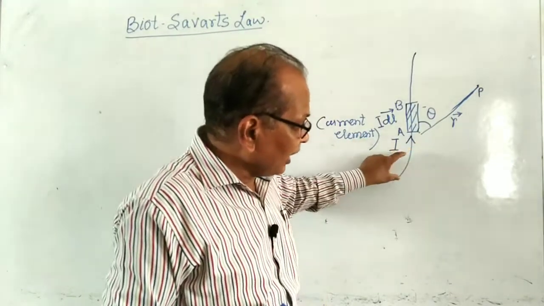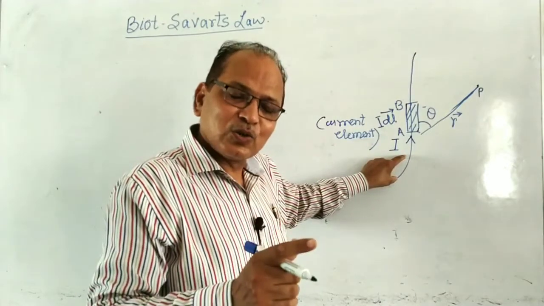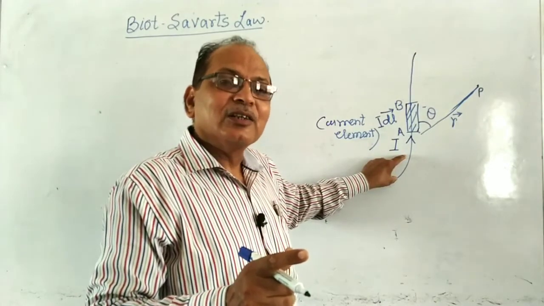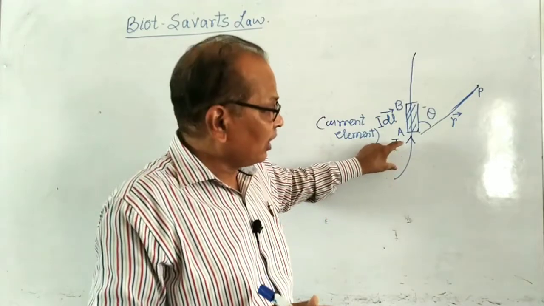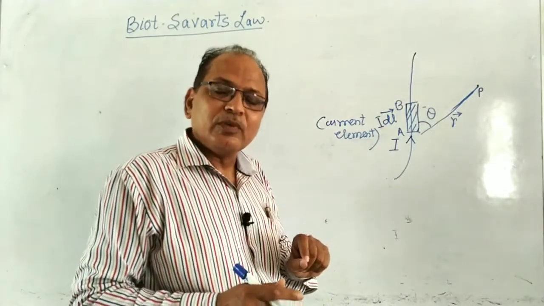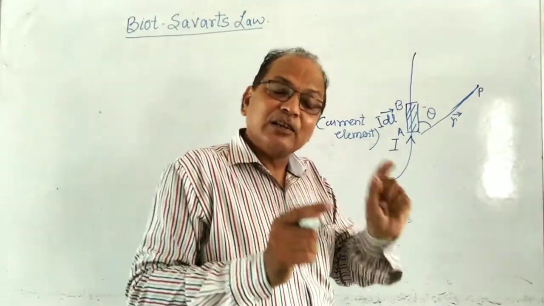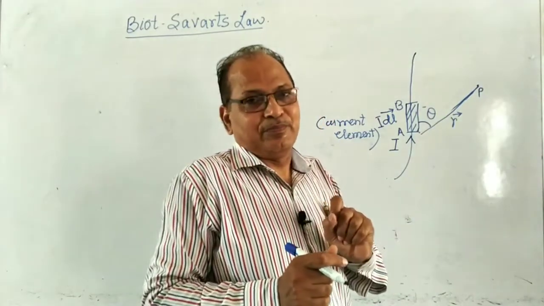So if the element is over here, theta is less, sin theta is also less, and the magnetic field intensity also decreases if you are taking the small element over here. So, sin theta and magnetic field intensity are directly proportional.